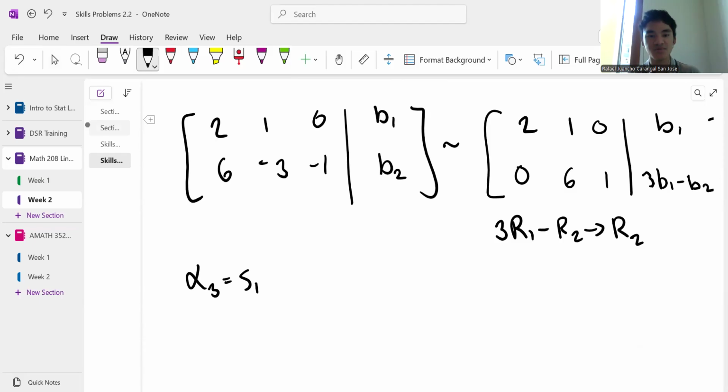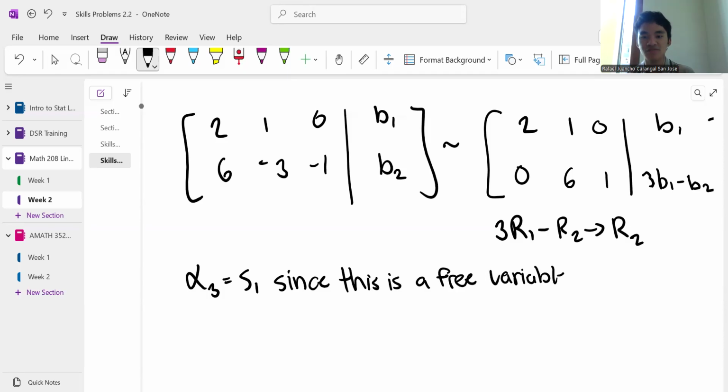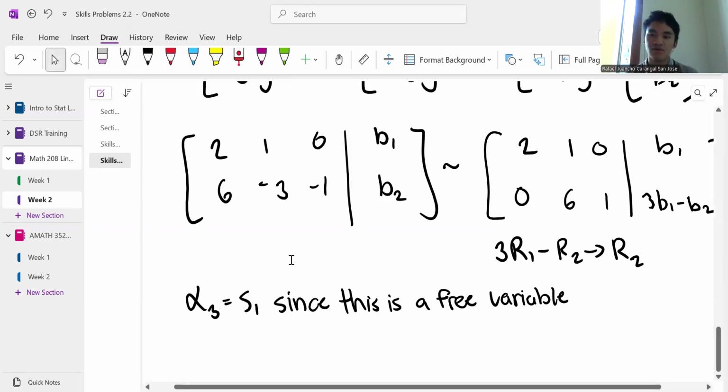We're going to let that be S1. So we assign it as S1, where we say these are free variables. They can be anything. This is a free variable. Right.